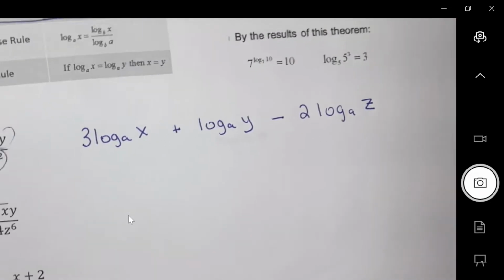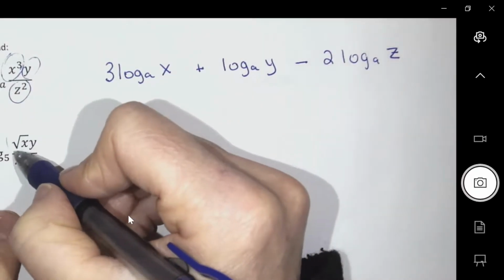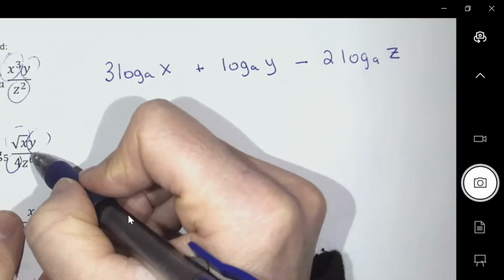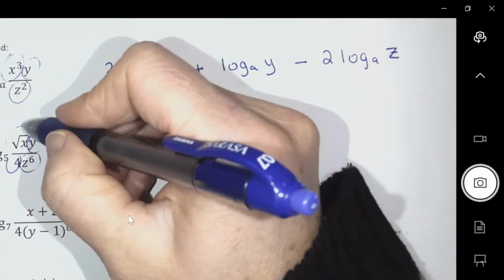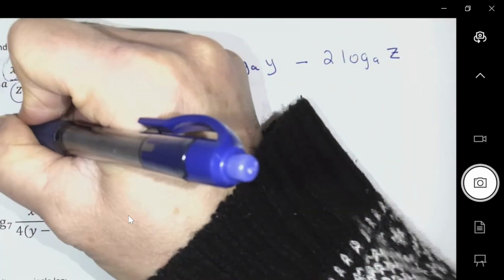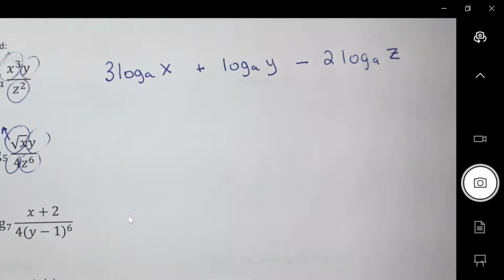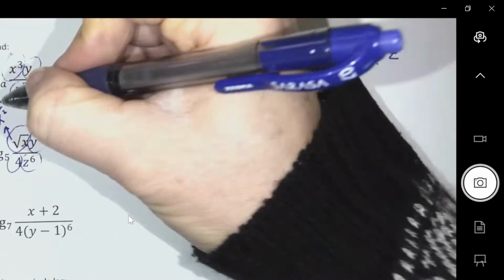Okay, next one. How many split apart units will there be here? There's going to be 4. There's going to be 4 different units when I'm done. Okay, what is a different way for me to think about the square root of x? I want to think about it differently. It's x to the half.